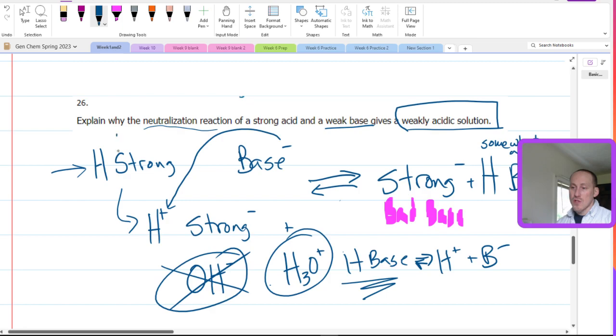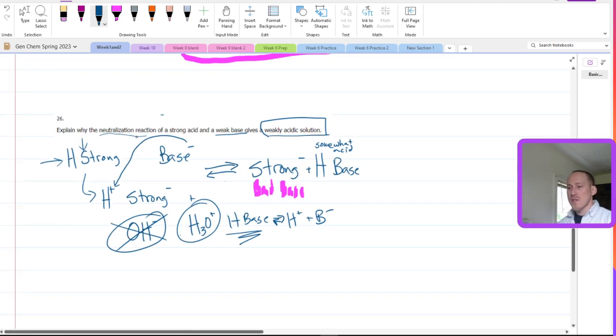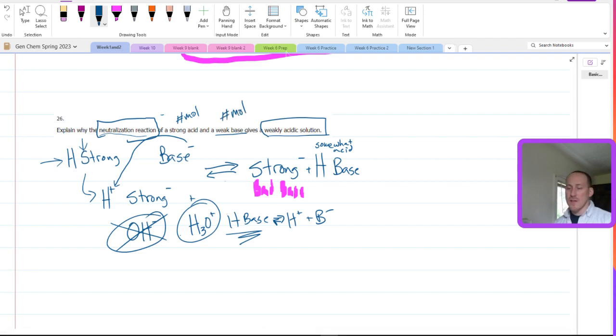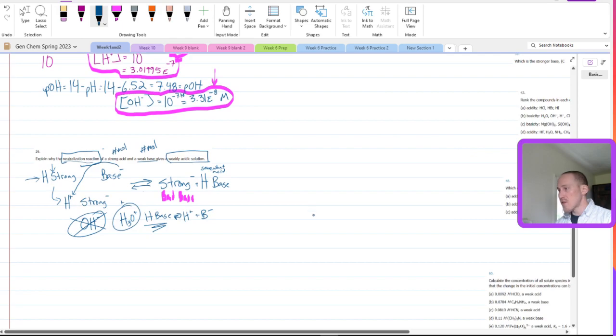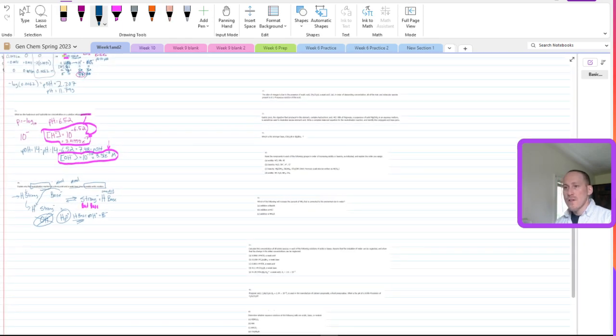And depending on how much strong acid we use, we might just have an excess of that. But neutralization implies that it's the same quantity: the same number of moles of strong acid and number of moles of base. That, of course, pertains to titrations and stuff. So that's the deal with that one.